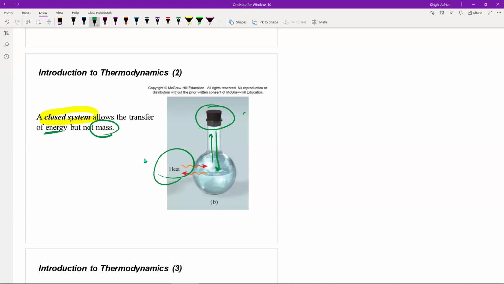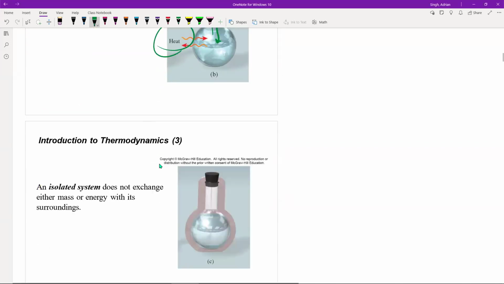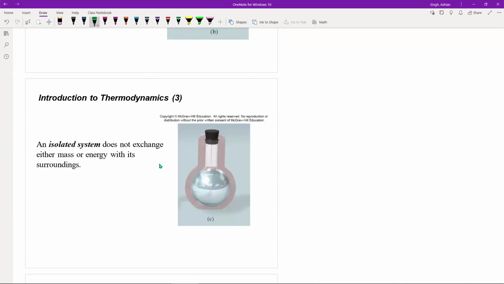And then the third type of system that we can define is known as an isolated system. In an isolated system, what we're looking at is a system that exchanges neither mass nor energy with the surroundings. So yes, we still have our stopper that prevents the exchange of mass. But now what we'll see here with our flask is that it is insulated.